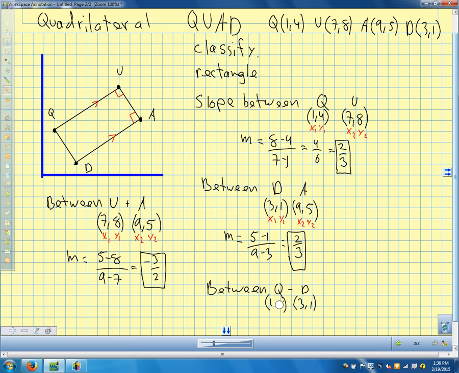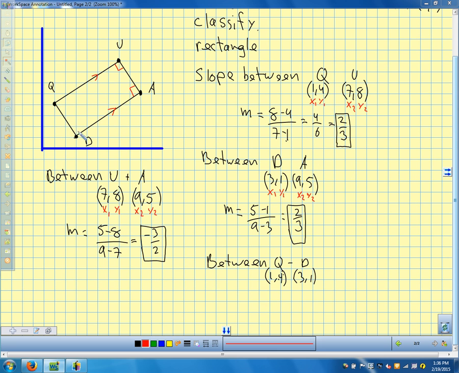So we'll calculate that. Between Q and D. So we're finding the slope of this side. Label my points x1, y1, x2, y2, and my slope is 1 minus 4 over 3 minus 1, and I get negative 3 halves.